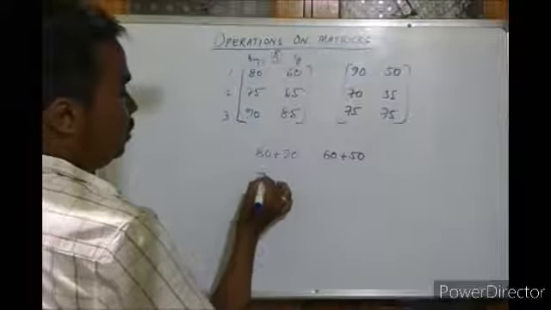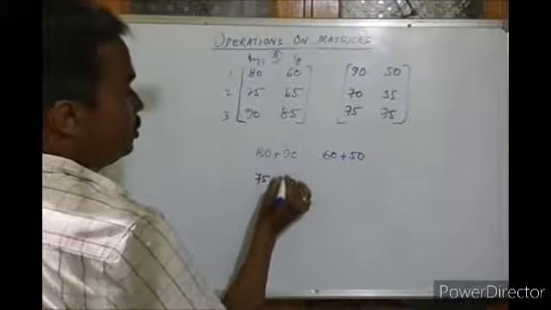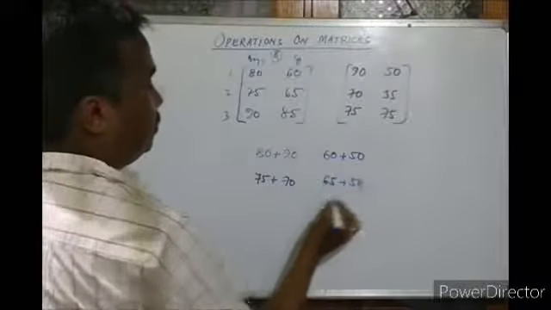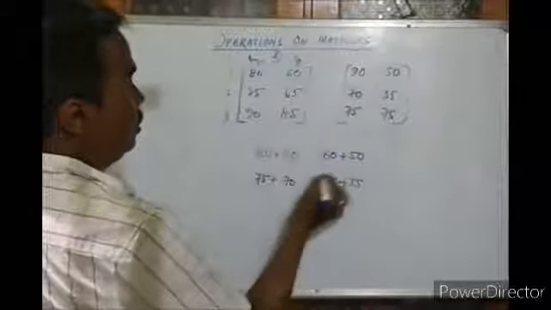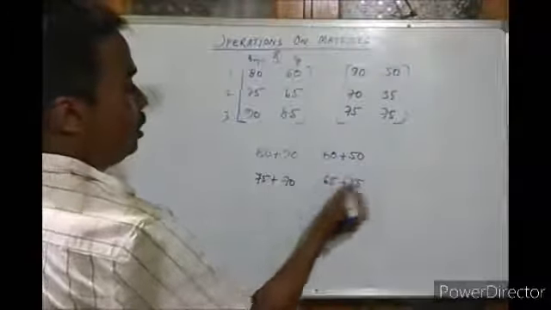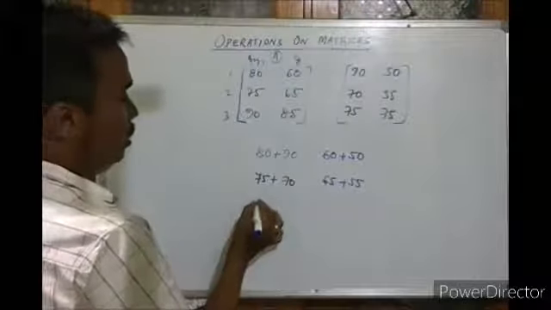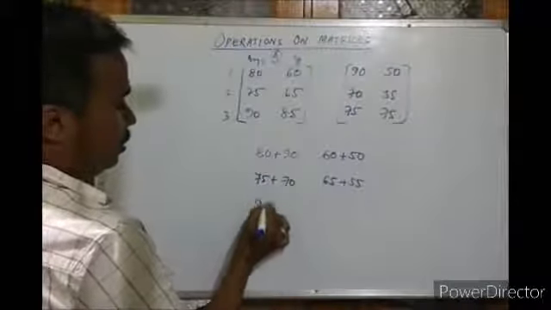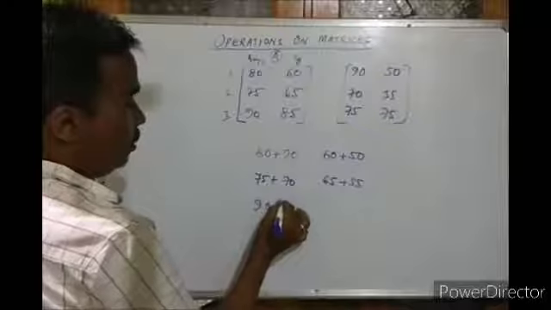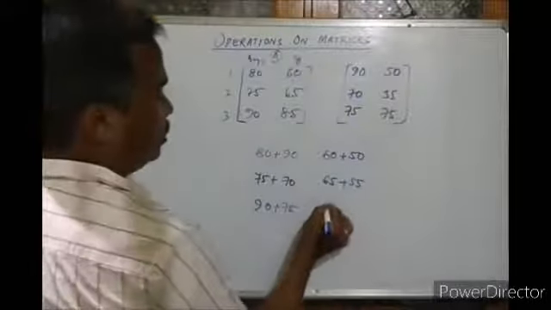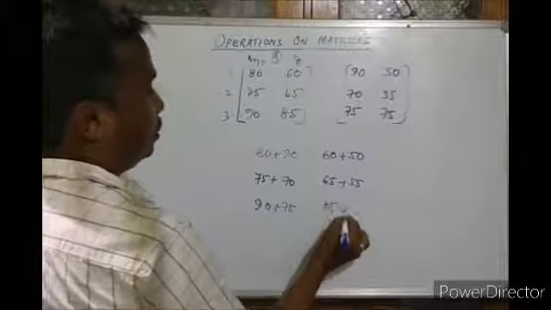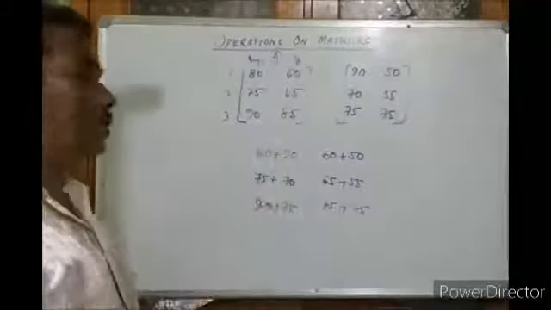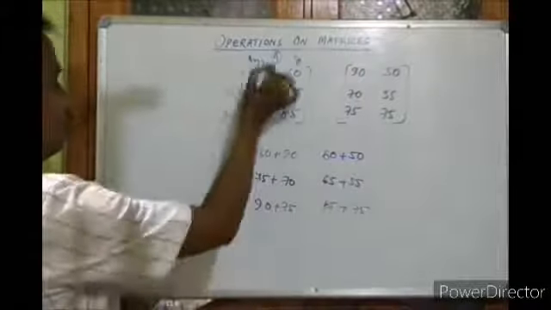Next is 75 plus 70, then 65 plus 55 is the total production of girls shoes in category 2. The total boys shoes of category 3 is 90 plus 75, and for girls it is 85 plus 75.